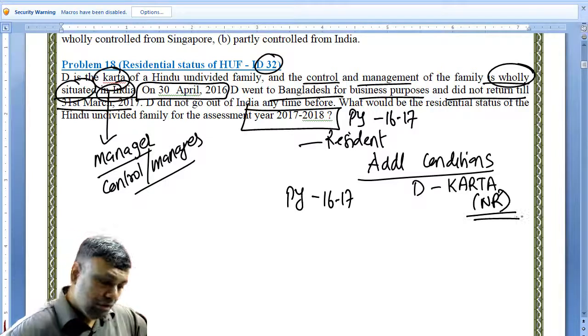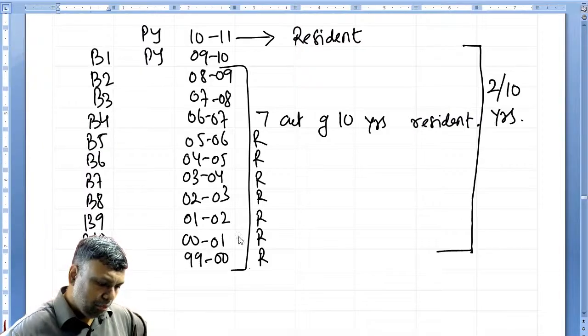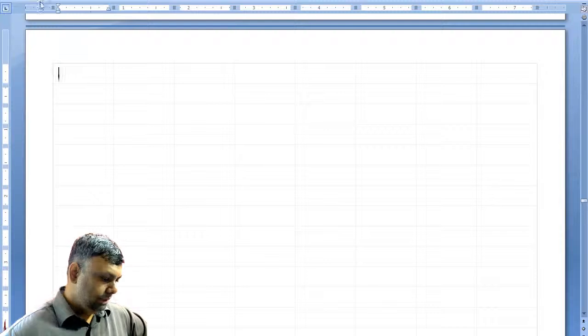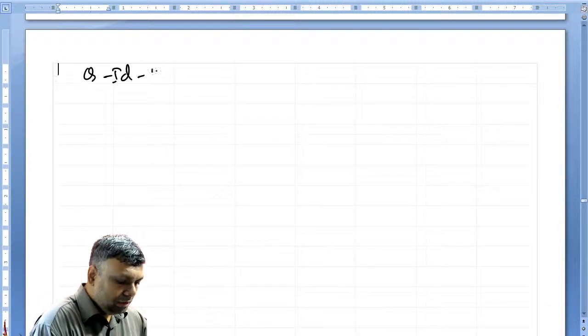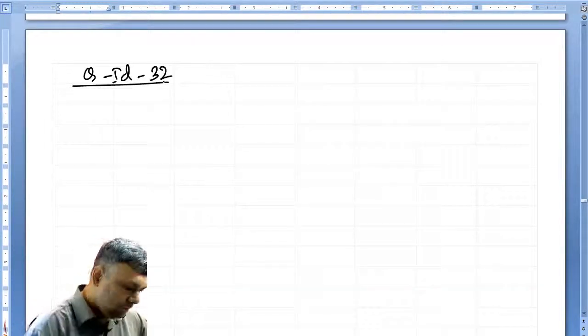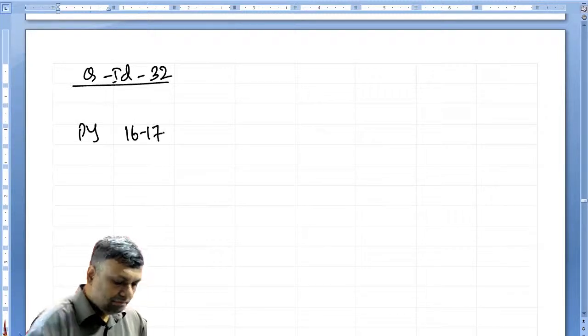Have you understood that? So, the first point which I bring to your notice, friends, let me open up a new page, question ID number 32. My previous year is 16-17.